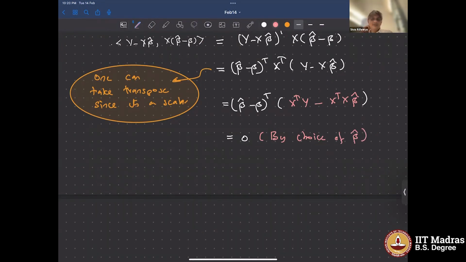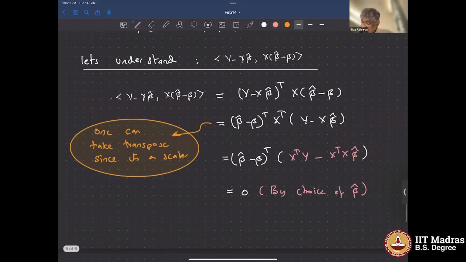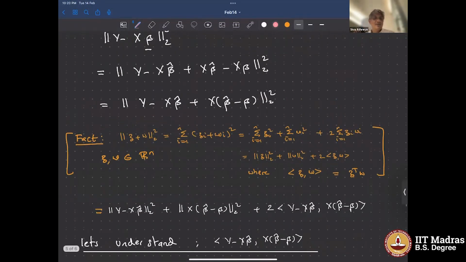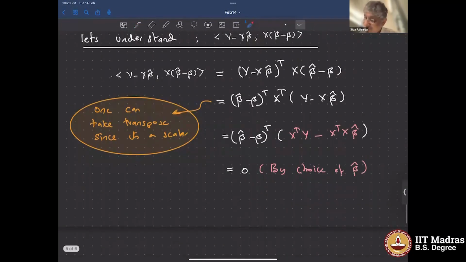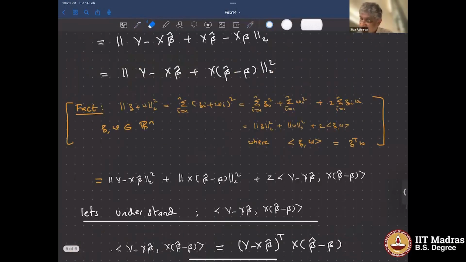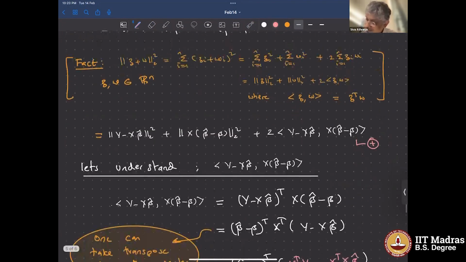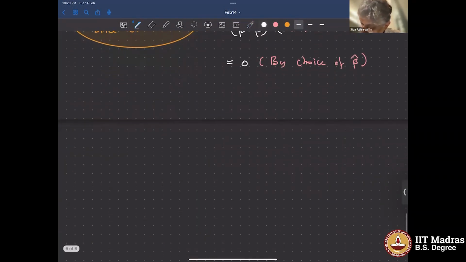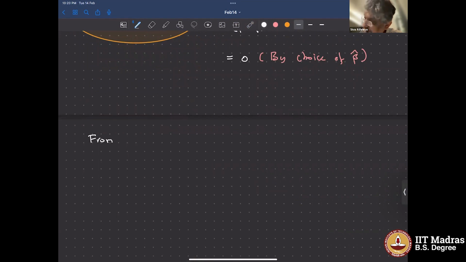Very cool. So it means that in my least square estimate, this term is 0 now, right? So all I'm left with is, let me call this equation plus. From plus, what have I shown?